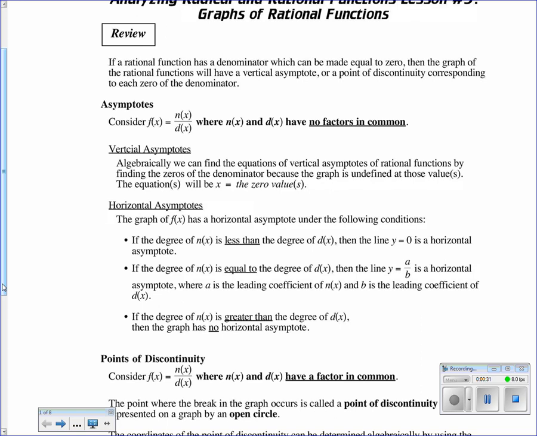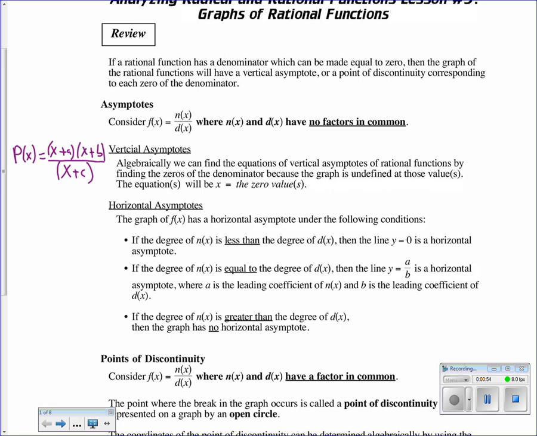We're looking today at some different considerations, specifically when we're studying rational functions that have no common factors. For example, the function might be described as x plus a, x plus b over x plus c.